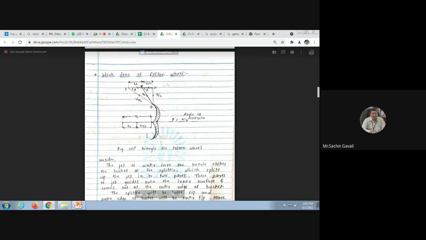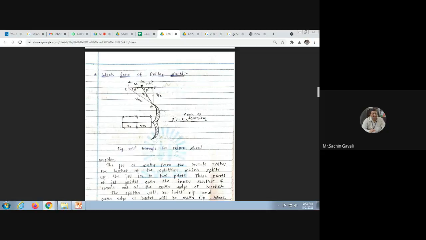As the flow is tangential at inlet, the inlet velocity triangle of Pelton will look like a line, because it is in the tangential direction. Therefore, V1 will be in the tangential, horizontal direction.